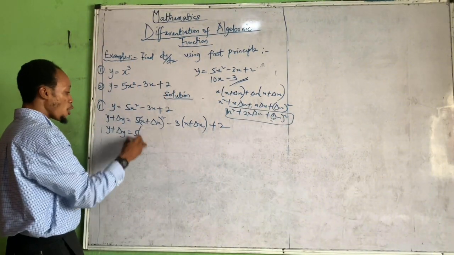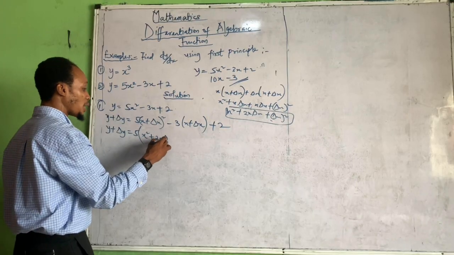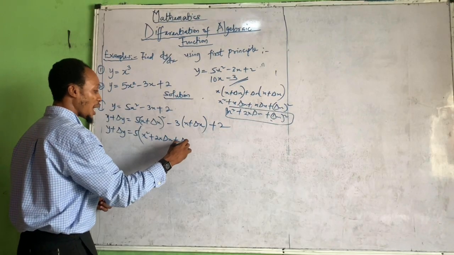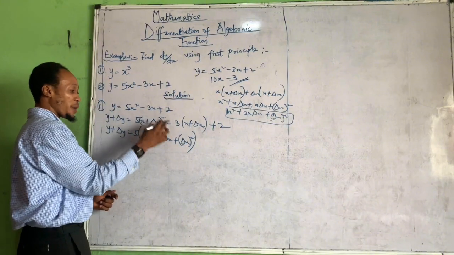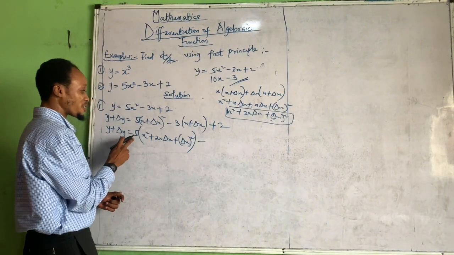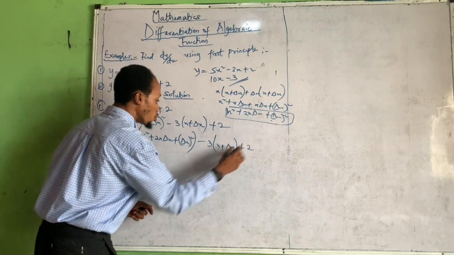So we have 5 open bracket x squared plus 2x delta x plus delta x squared. This is for this after expanding it by the power of 2. Don't forget your 5 is still outside. Minus 3 open bracket x plus delta x, plus 2.